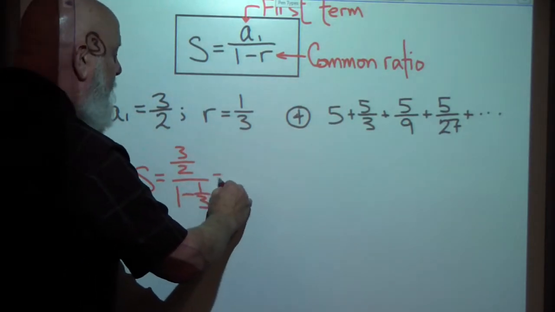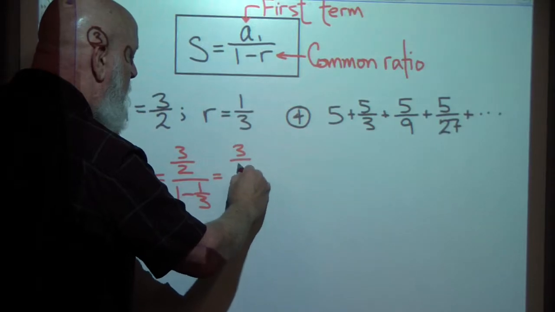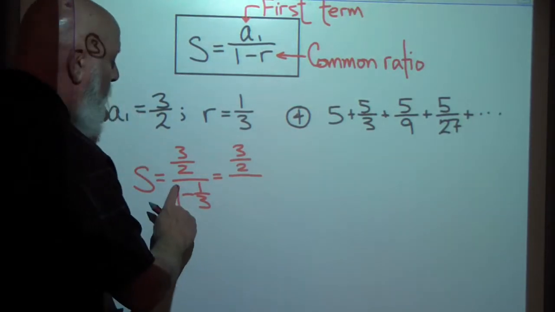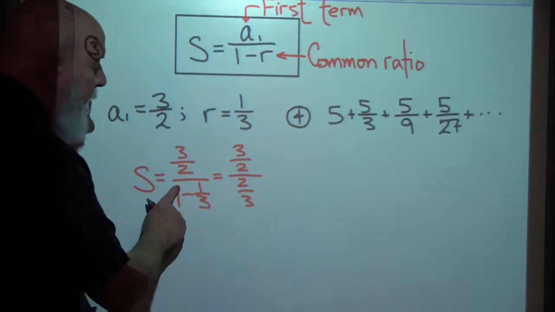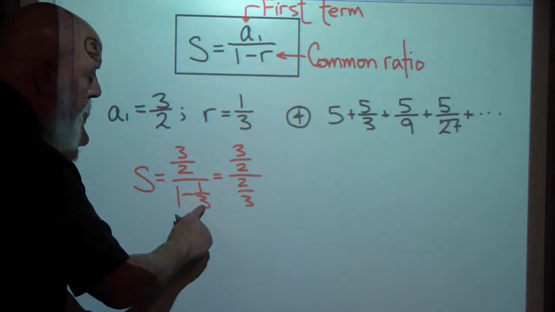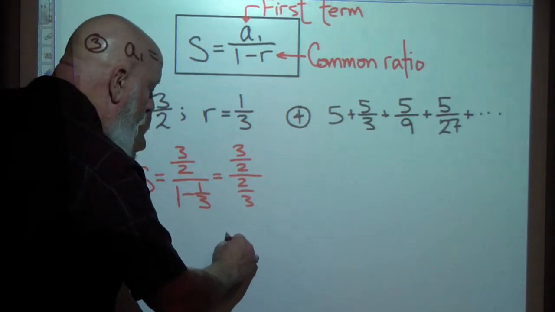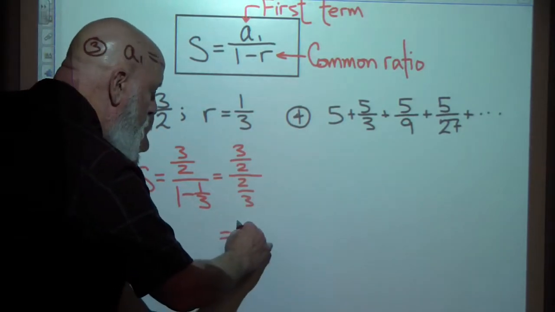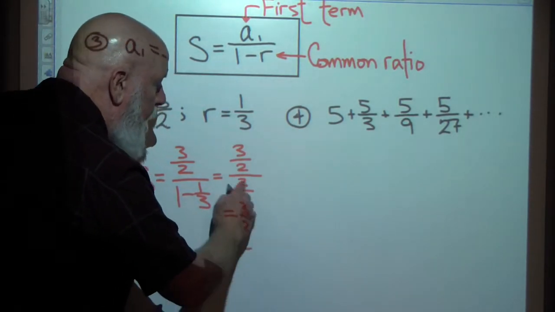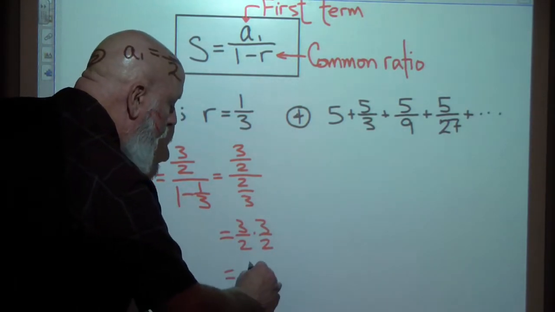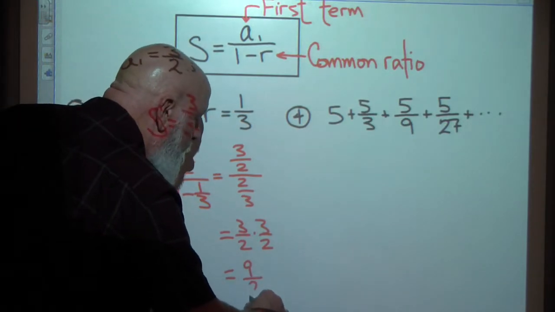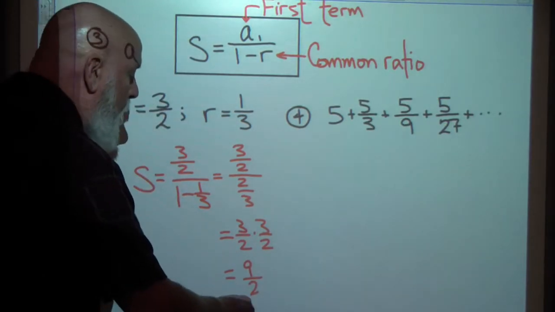This is 3/2 divided by 1 minus 1/3, which is 2/3. You can think of that as 3/3 minus 1/3. And then we invert and multiply, leave this one alone. Invert and multiply. And we get 9/2. Or you could think of that as 4.5 if you want to.